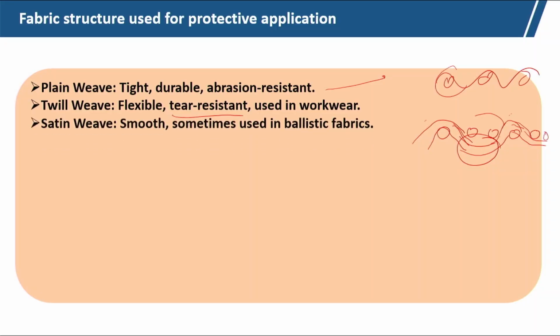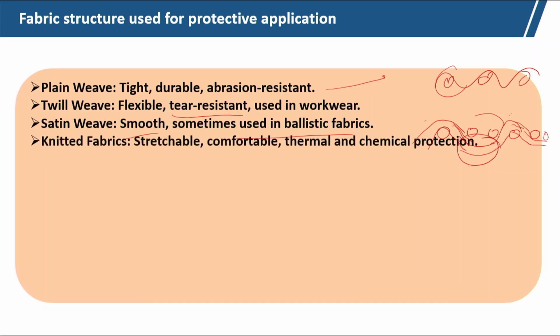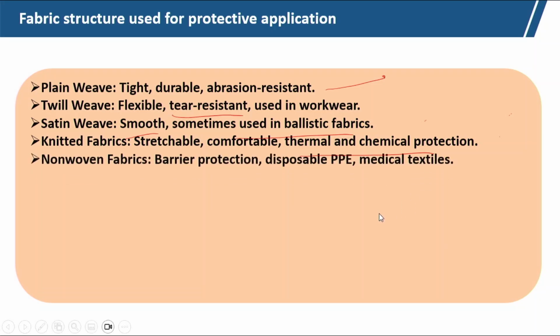Satin weave is a smooth structure, because the floats are more, and it is sometimes used in ballistic fabric. Knitted structure: if we use the weft knitted structure, it is highly stretchable and comfortable, and thermal and chemical protective clothing can be produced through knitted fabrics.